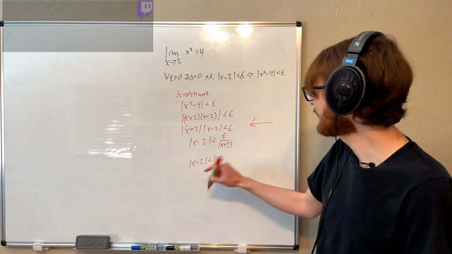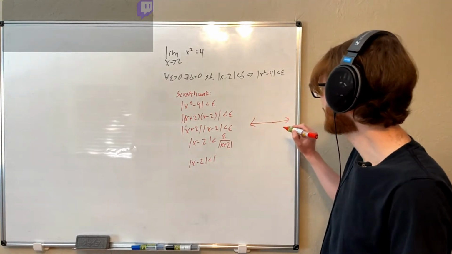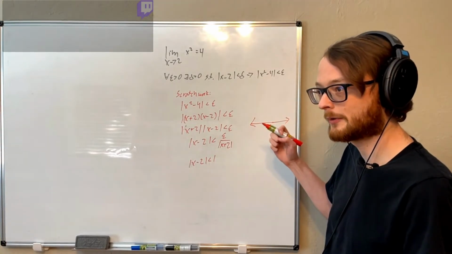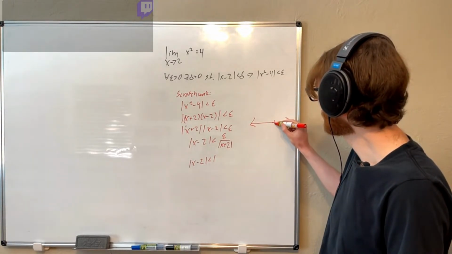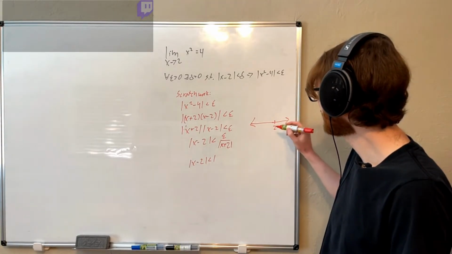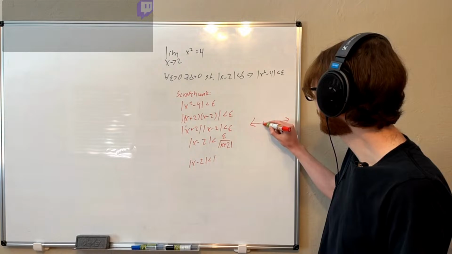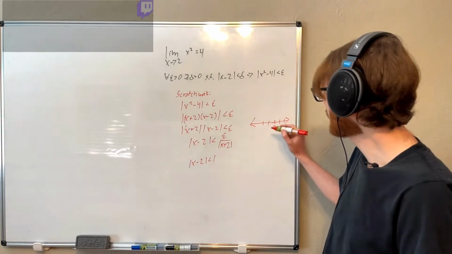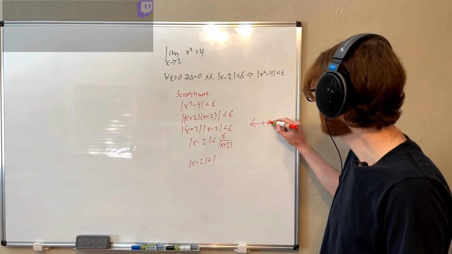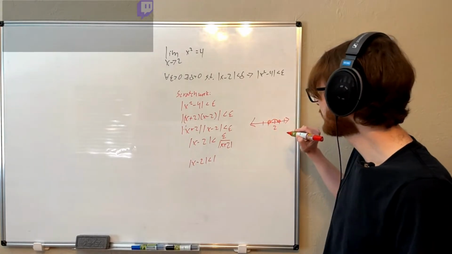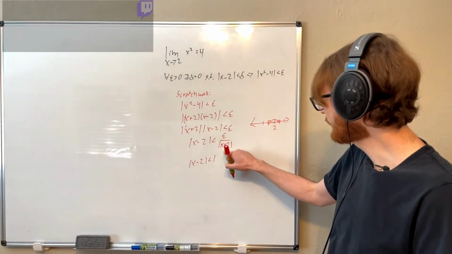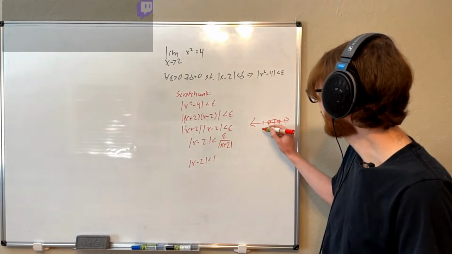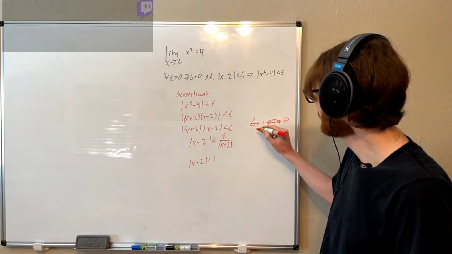If the absolute value of x minus 2 is less than 1, that means the distance between x and 2 is less than 1. So we have positive 2 here, 1, 2, 1, 2. If we're less than 1, we're between here and here. But if we have the absolute value of x plus 2, it's 0, 1, and negative 2.